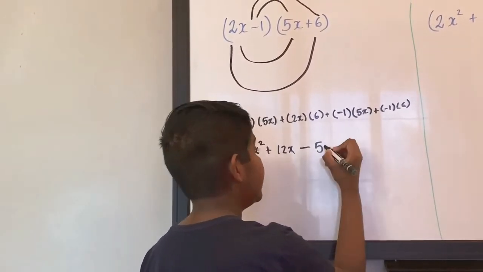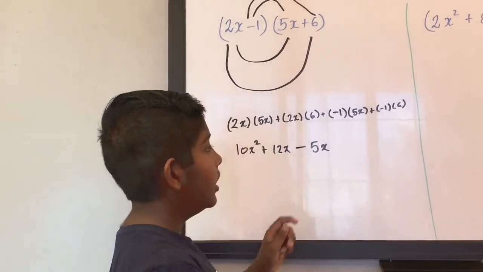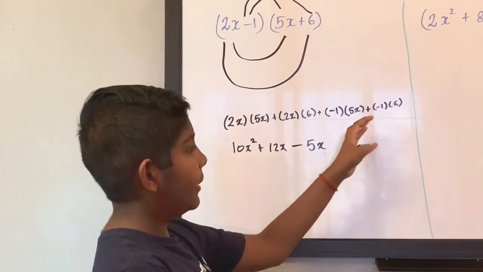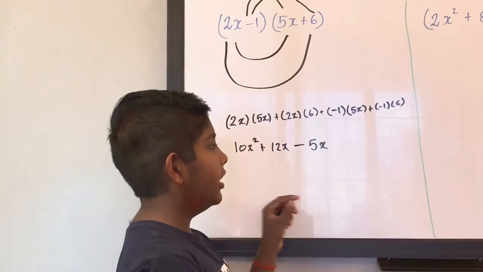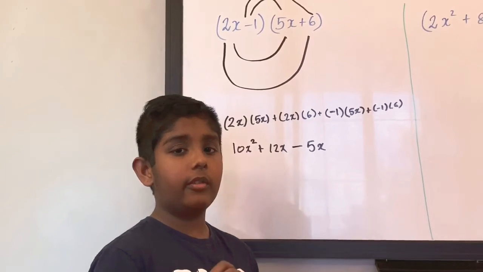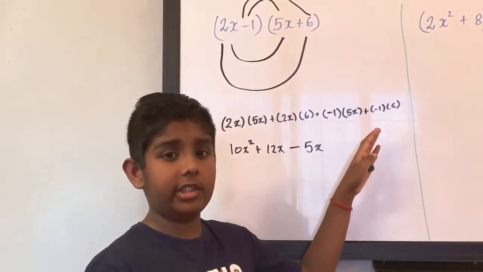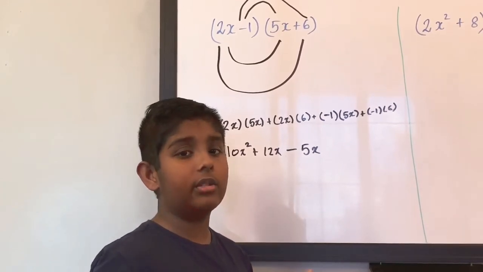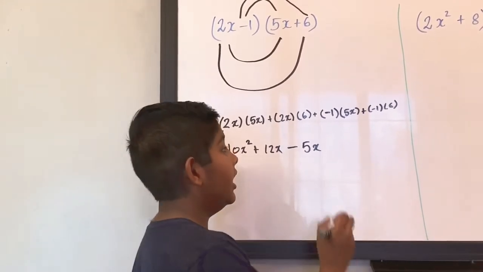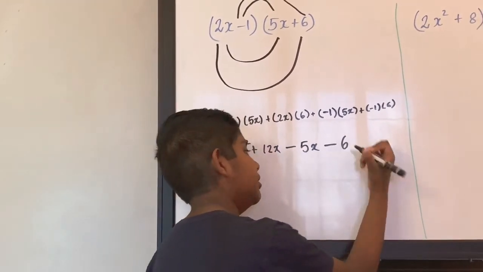And then we have x and no variable here, so let's write down x. And then negative 1 times positive 6. You have two different signs, so our answer is going to be a negative number. And 1 times 6 is 6, so we put minus 6.